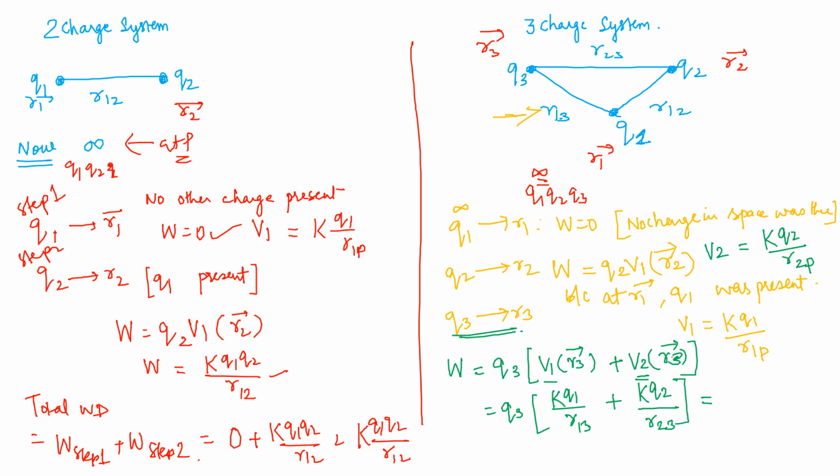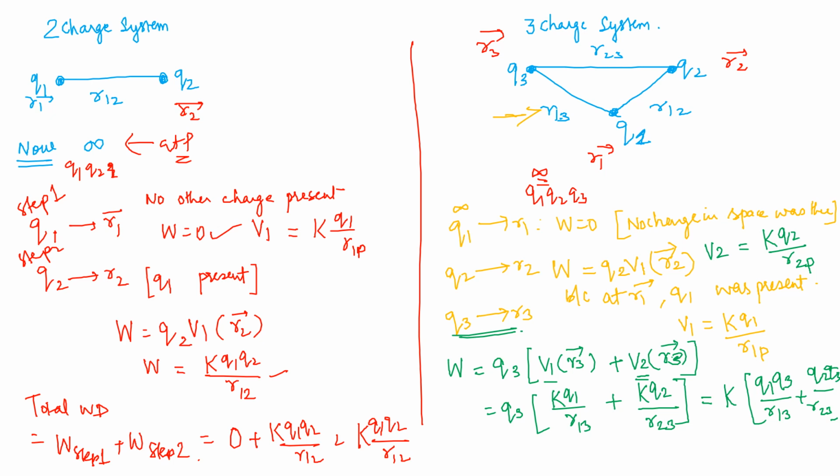After taking the common factor out and multiplying the charges, the value we received is K into Q1 Q3 upon R13 plus Q2 Q3 upon R23. So this is the amount of work done for bringing charge 3 to the position R3.